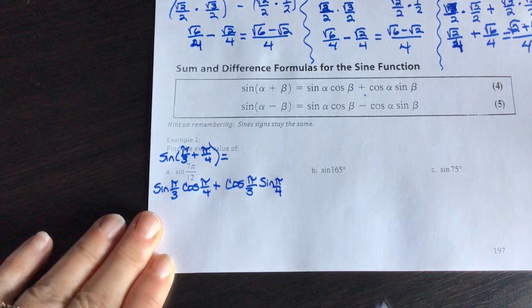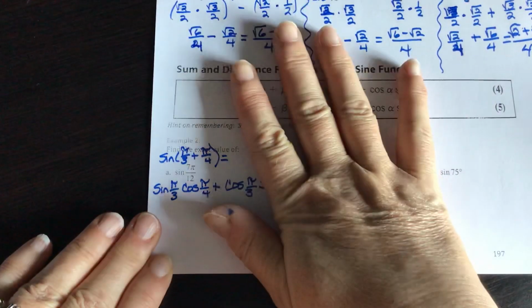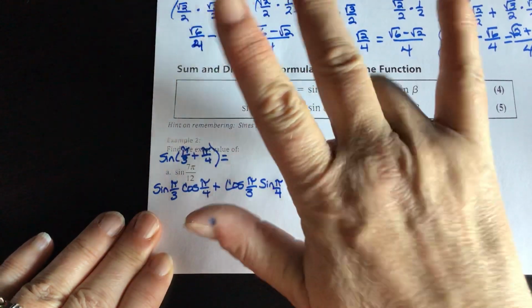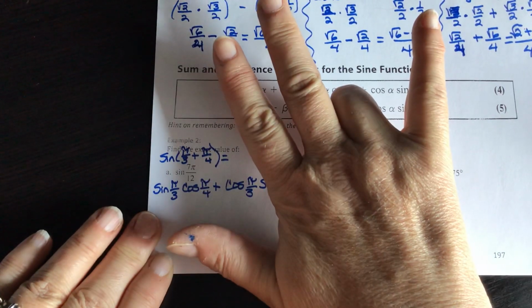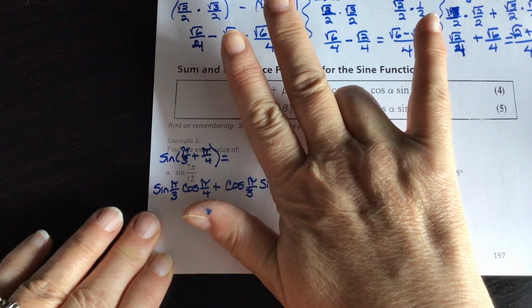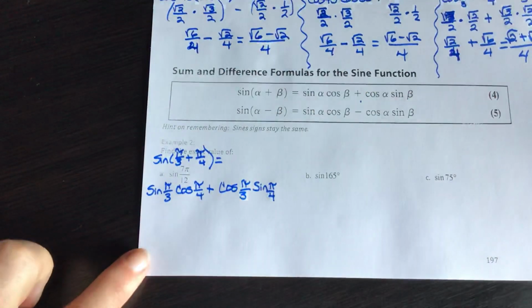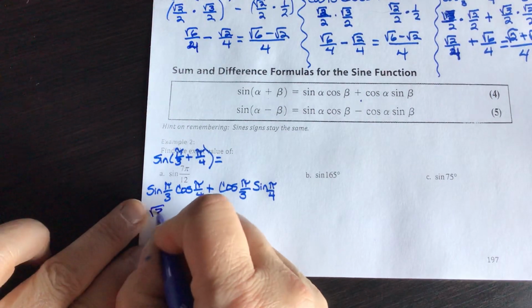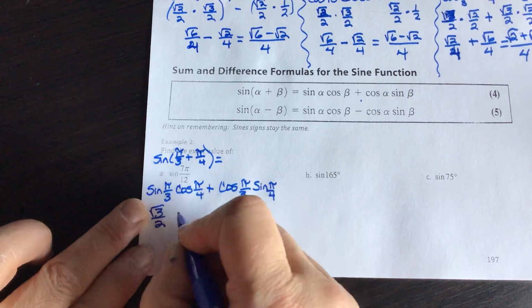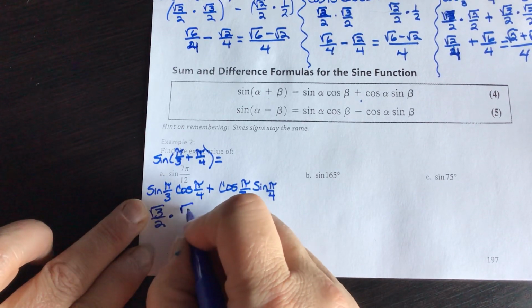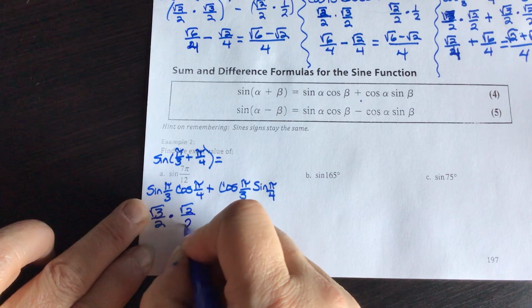Going back to our unit circle, pi over 3 is 60 degrees. So I put down one finger, and sine would be square root of 3 over 2. Pi over 4 is 45 degrees, so that's square root of 2 over 2.